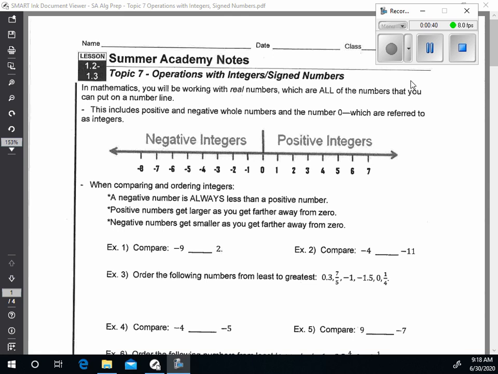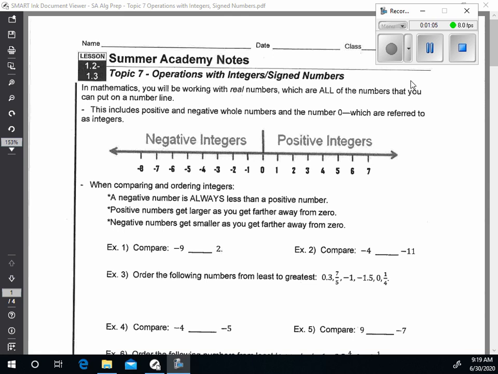So, with that being said, in math, you'll be working with real numbers, all of which you can put on a number line. So far we've been dealing with exclusively positive numbers. Now we're going to branch that out a little bit and look at positive numbers, negative numbers, and zero.